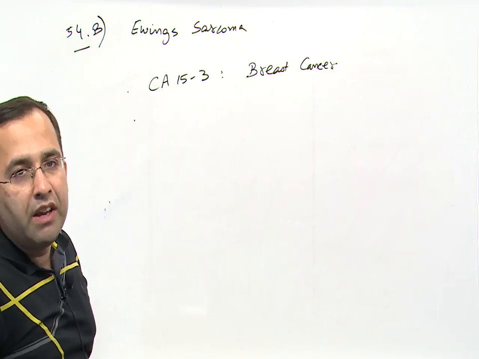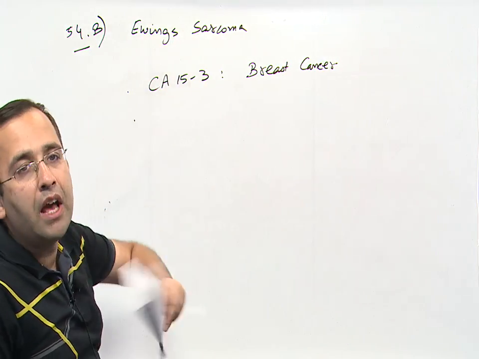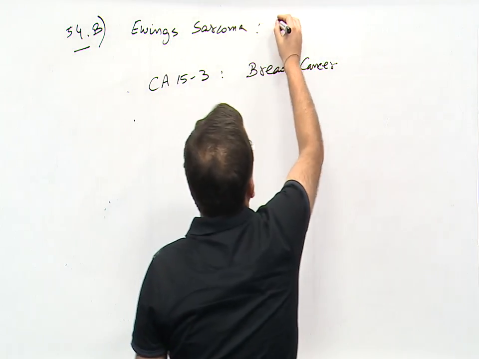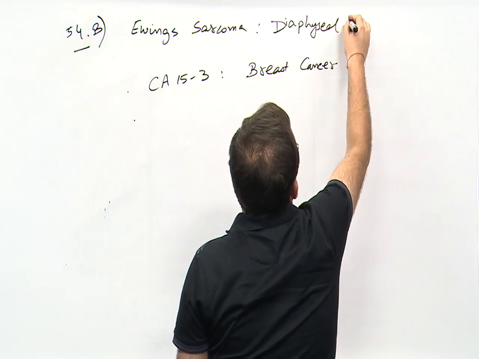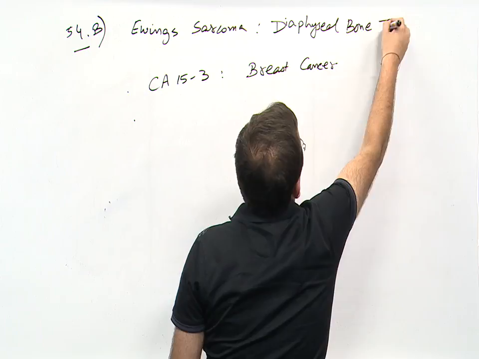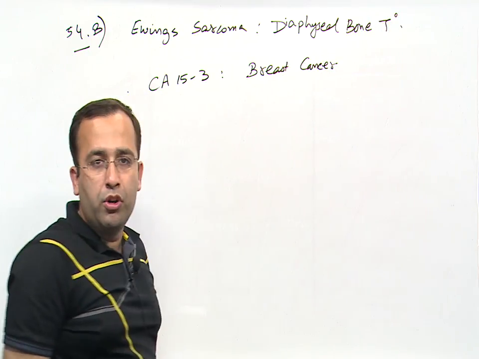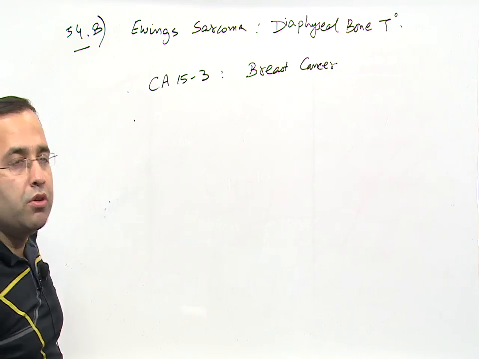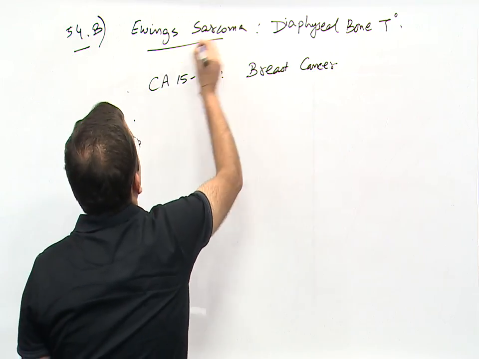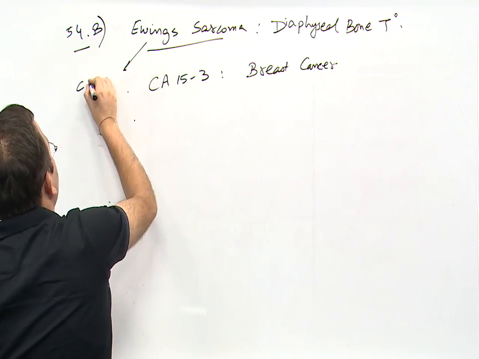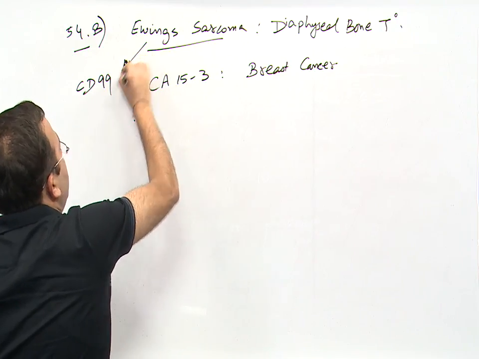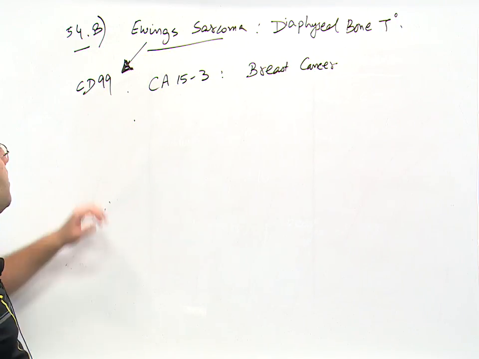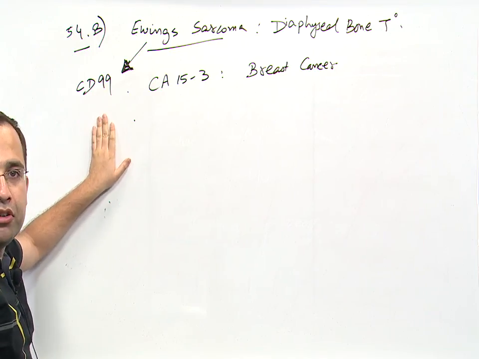Ewing's is a diaphyseal tumor of the bones. Another important question asked with Ewing's sarcoma is which CD marker is positive in this? CD99. Ewing's sarcoma is CD99 positive.